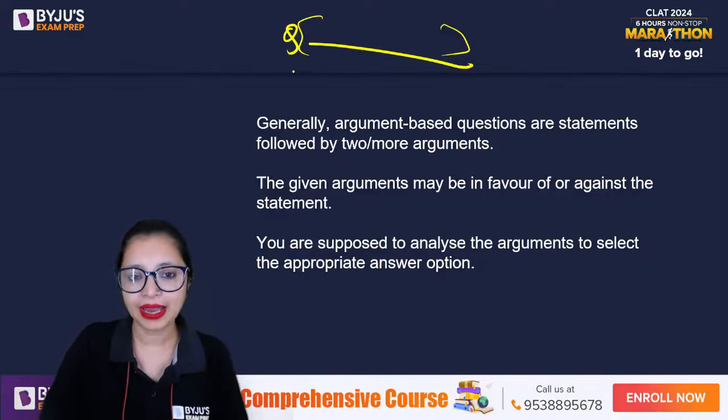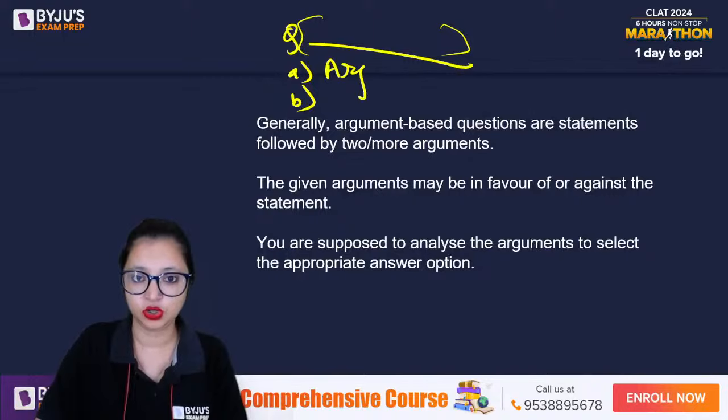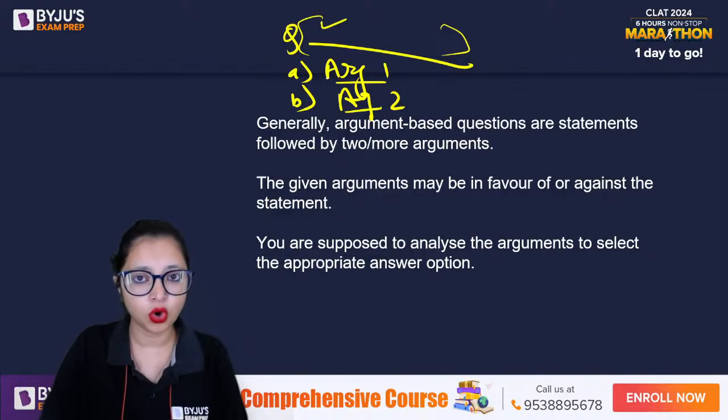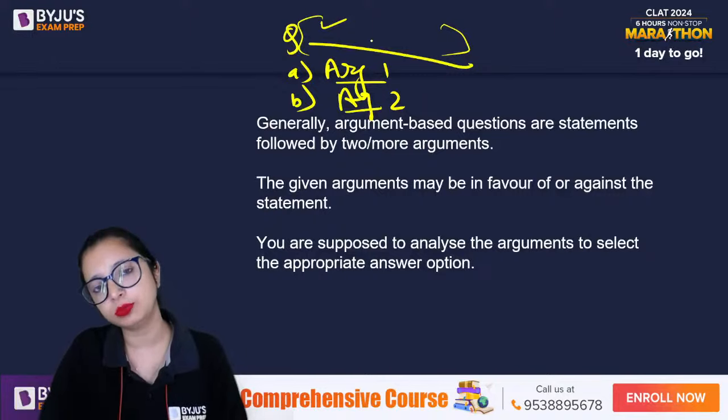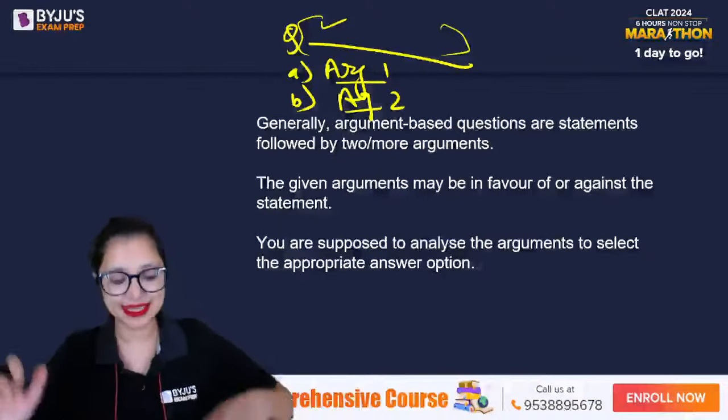And you will be given 2 options, 2 arguments. Argument number 1 and argument number 2. Both the arguments can be in support of the debatable topic. Both the arguments can be opposing to the debatable topic. One could be supporting, one could be opposing the debatable topic.